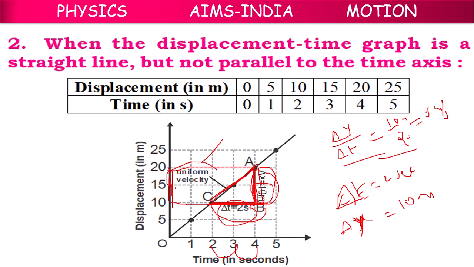Since the velocity is uniform, this is the uniform velocity of the body. This ratio is nothing but the slope of the graph. So the slope of the graph gives the uniform velocity of the body.